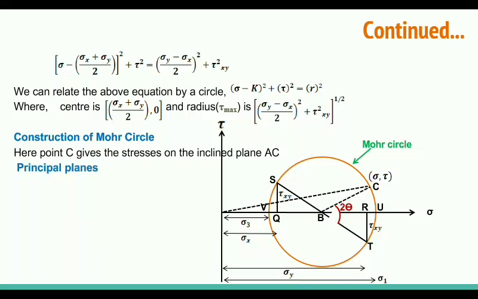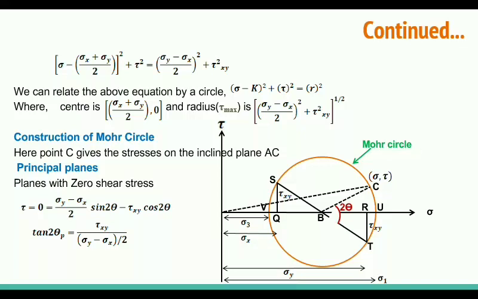So now we can calculate the principal plane. When the shear stress on a plane is 0, we call it a principal plane. So we write the formula for tau in terms of theta, with tau xy, sigma x and sigma y, and we put tau equal to 0, meaning shear stress is equal to 0. After putting these values, we get this result.